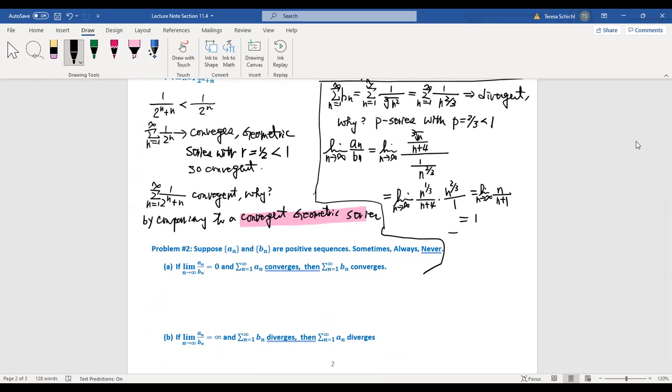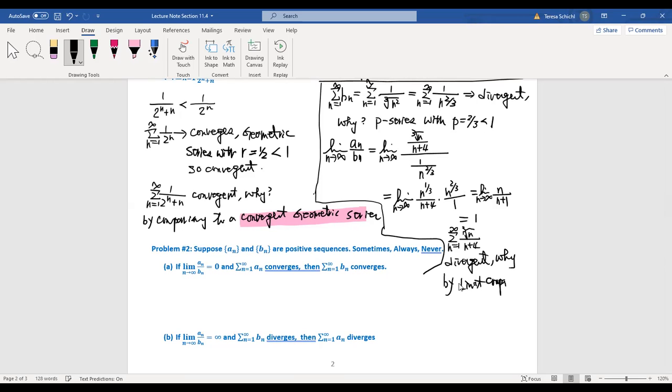So you say, hey, the summation from n equals 1 to infinity of n plus 4 over n cubed, this is divergent, right? Why? You will say by the limit comparison test.